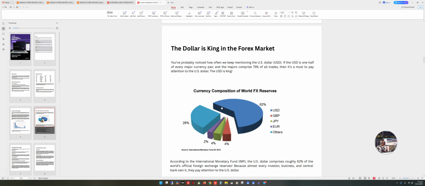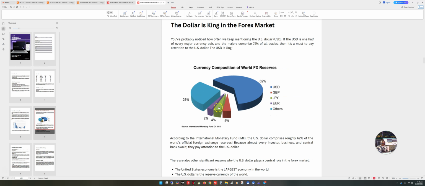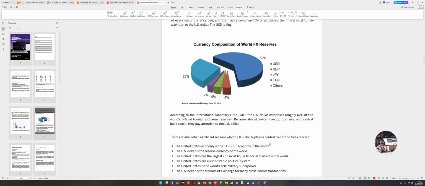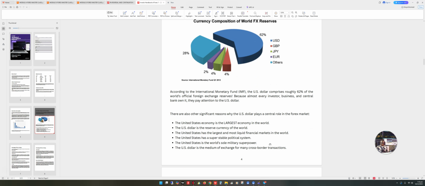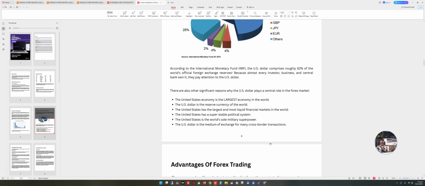According to the International Monetary Fund, the US dollar comprises roughly 62% of the world's official foreign exchange reserves, in most banks, even in Nigeria. That is why the dollar is king.